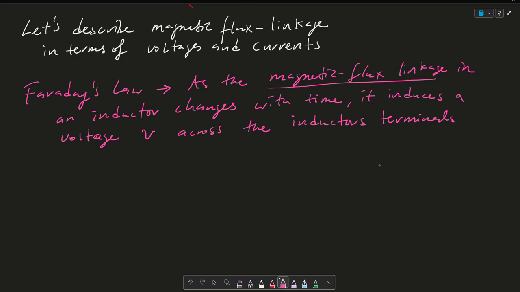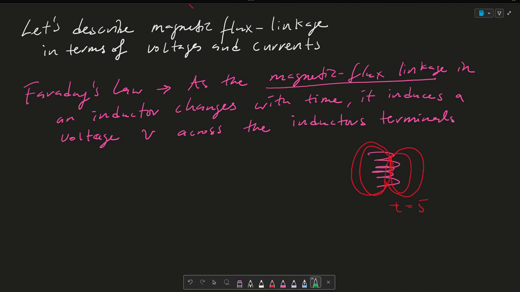if you can think about it as, if you have an inductor and you have, at t equals a certain time, this as your magnetic flux linkage. So this is t, let's say, equals 5.